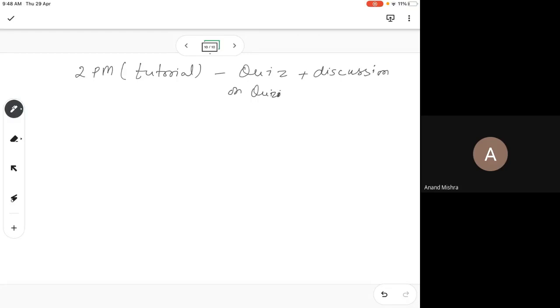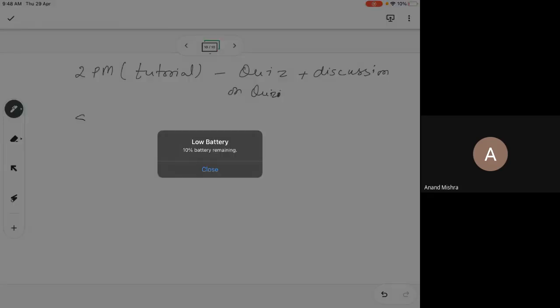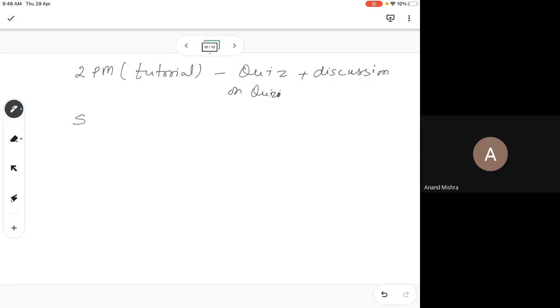The syllabus is whatever we have done after regular expressions. So it will be more like PDA, CFG, CNF, CFG to CNF, and all such things, and the pumping lemma for context-free languages. All this. Okay, so this will be the syllabus, and you will have a quiz at 2 p.m. tomorrow. But tomorrow there will also be a lecture in the lecture time.